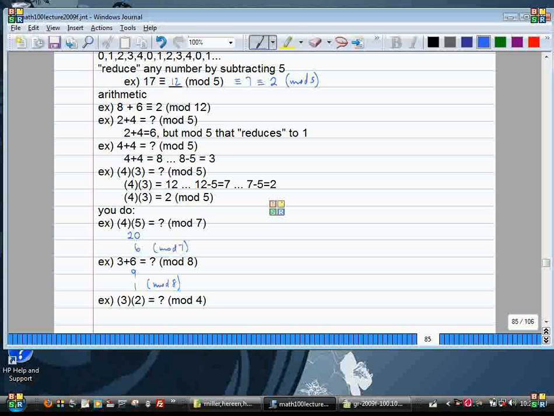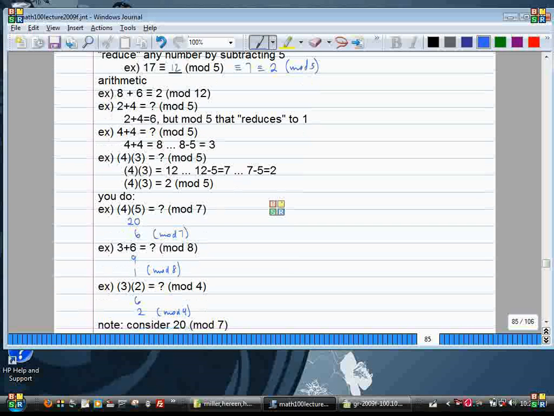Okay. And then the last one. Okay. Is 2. And then where did the 2 come from? Yeah. 3 times 2 is 6, but then you just do 6 minus 4. Okay. So, is that straight? Okay.